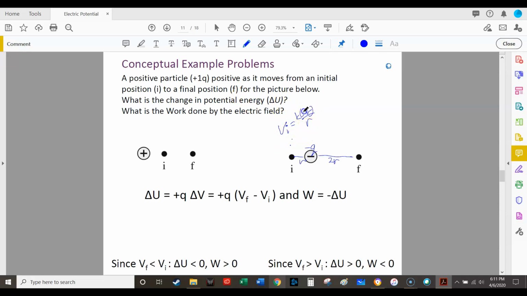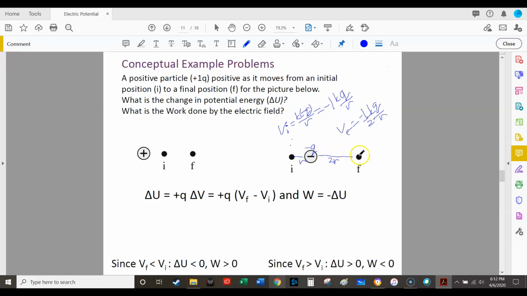And let me mark that up to show a negative Q. Negative Q divided by R, which is just going to be negative 1 KQ divided by R. Well, the voltage at F is going to be equal to negative 1/2 KQ divided by R. This is a negative Q causing the voltage here.